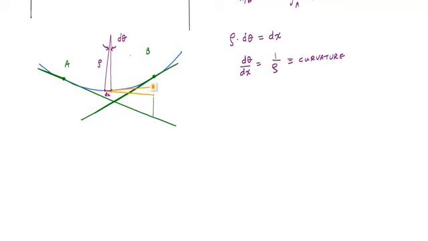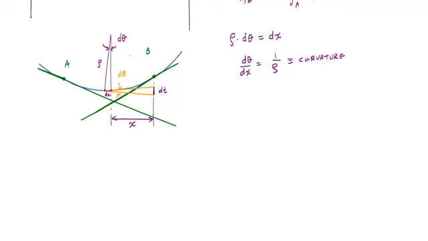And this angle is approximately d theta. This distance we're going to assume is small enough that we can take it as vertical, based on shallow curves and the small angle approximation. We'll call that dt, and the distance to the first point I'm going to call x.